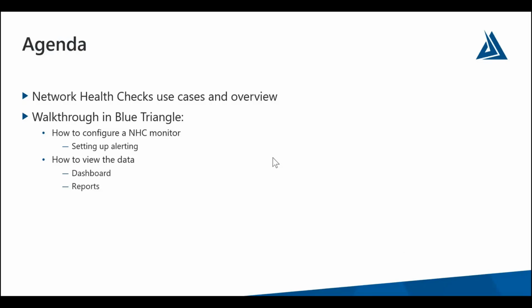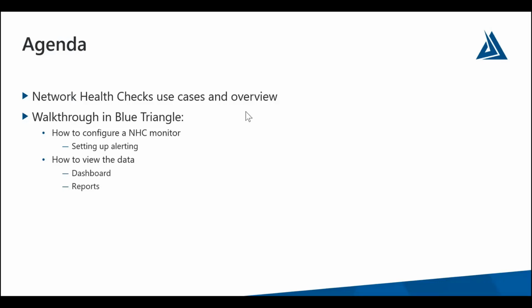So for the agenda today, we're going to start out and talk about some use cases for the network health checks. We'll get into a little bit about who this kind of monitoring is really for, and then we'll dive into some more information about what's going on under the hood of our network health checks synthetic monitors.